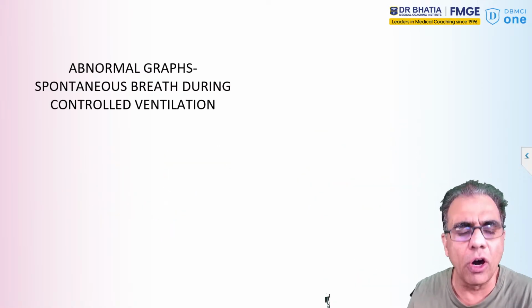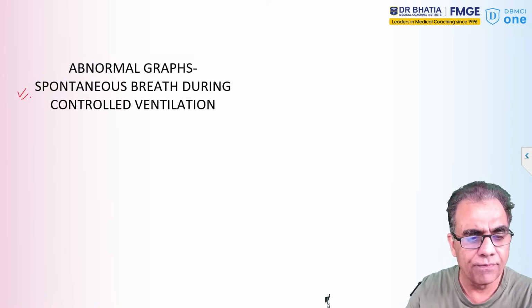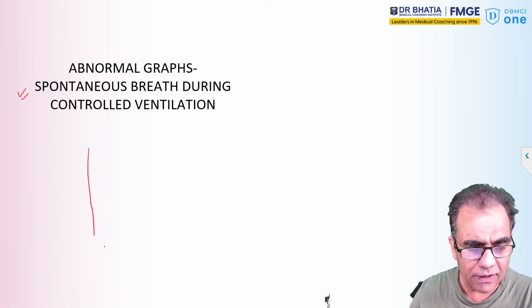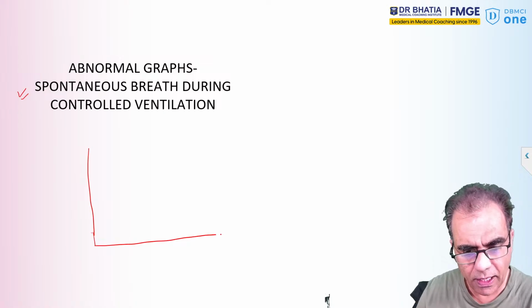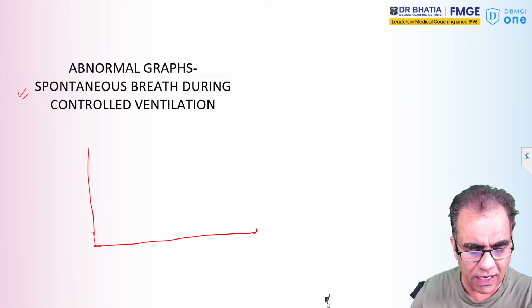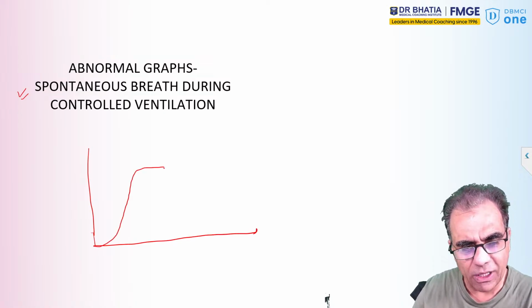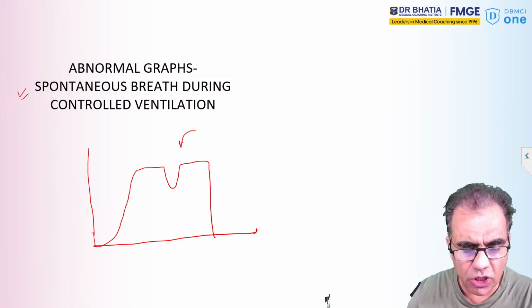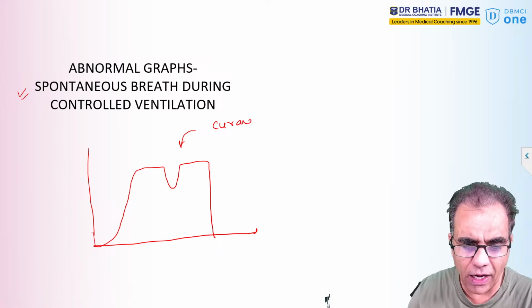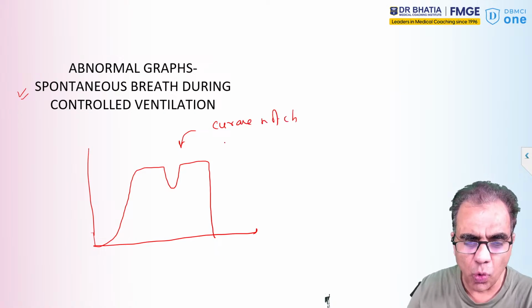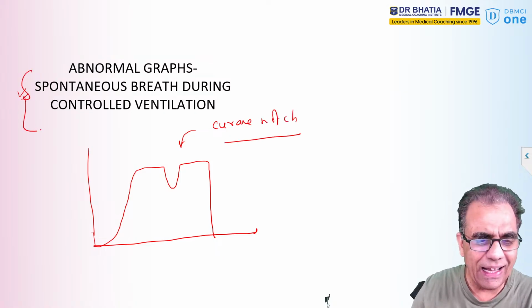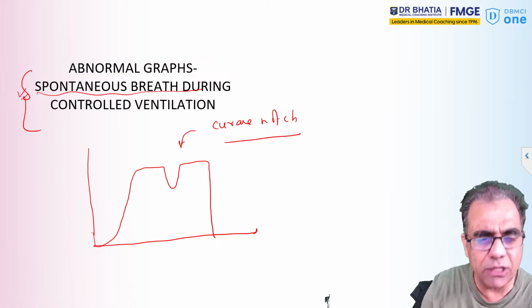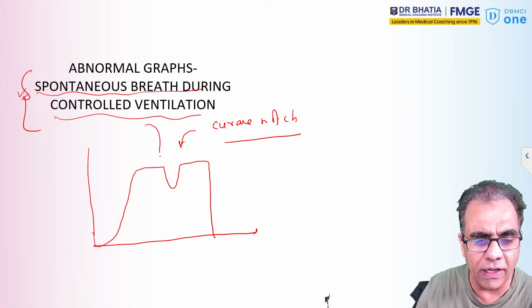Now, common abnormal graphs we see. If you get this kind of graph, it's a normal control graph, but you see a notch. This notch is called the curare notch. What does this indicate? It indicates spontaneous breath during controlled ventilation.